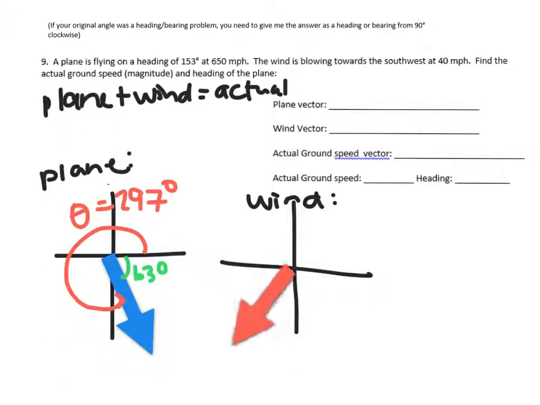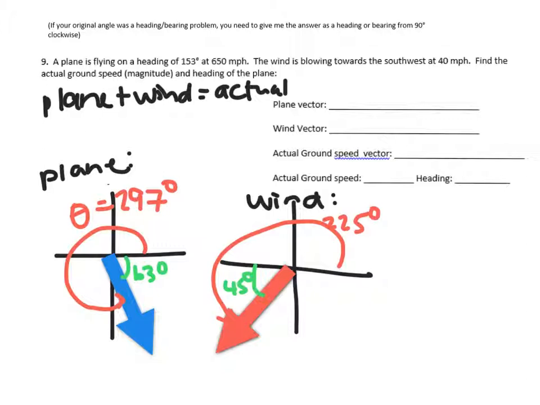When I say southwest, I'm truly talking about halfway in between. That means my angle in here is 45 degrees, which means my angle here is 225 degrees.